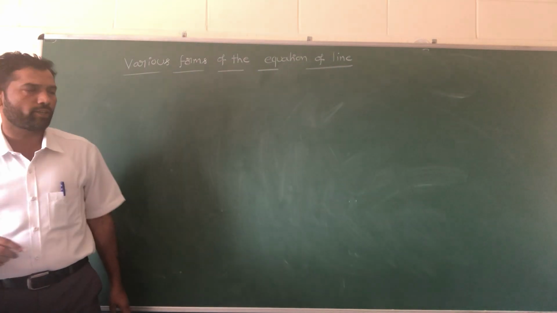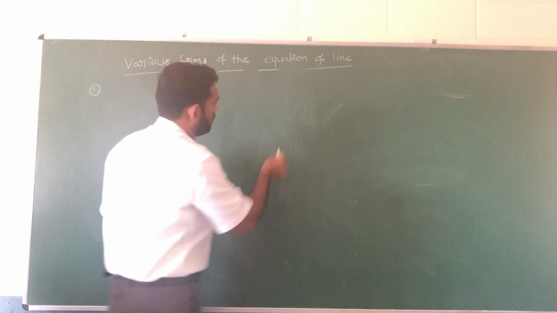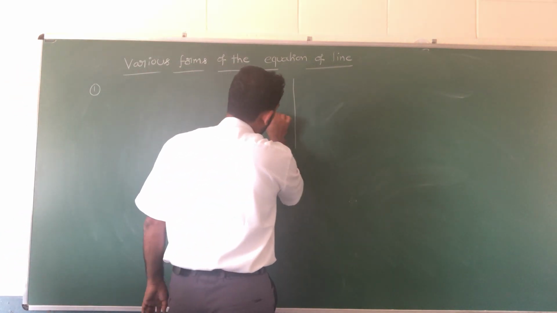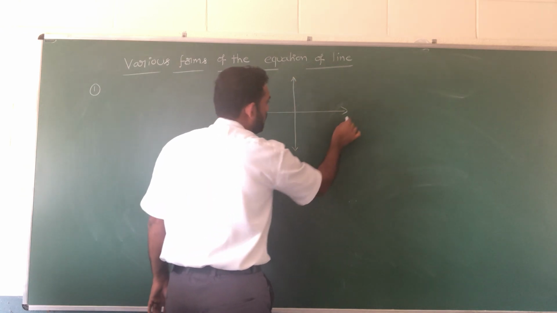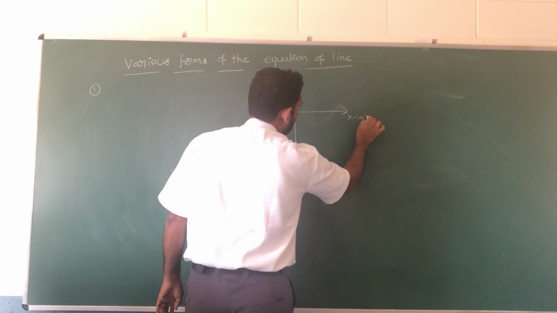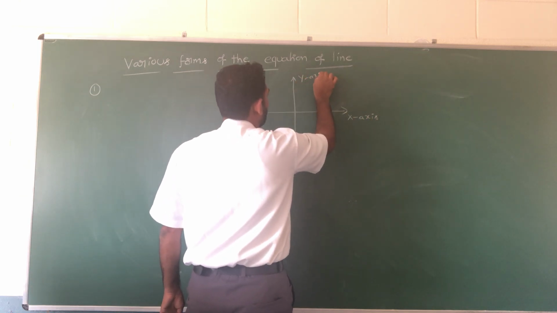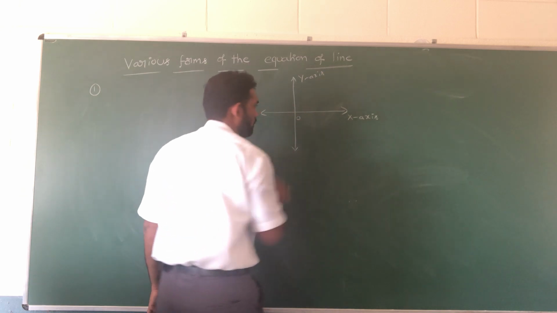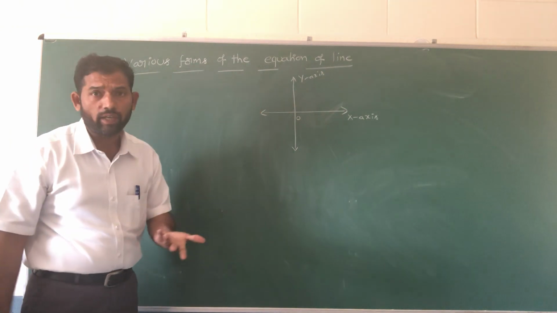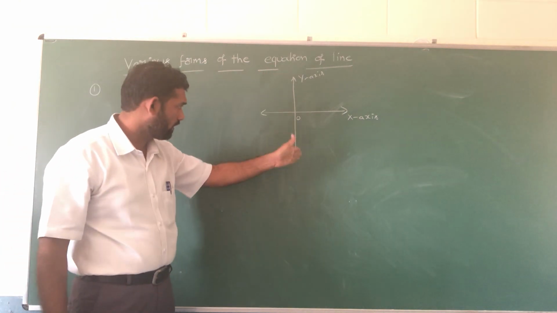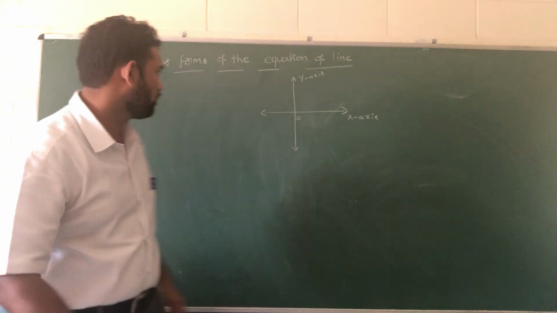Then you write point-wise. Suppose, listen carefully, these two are lines. This is the x-axis, this is the y-axis, and this is the origin. What is the equation of the x-axis?